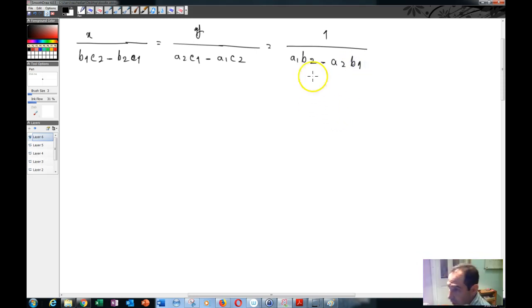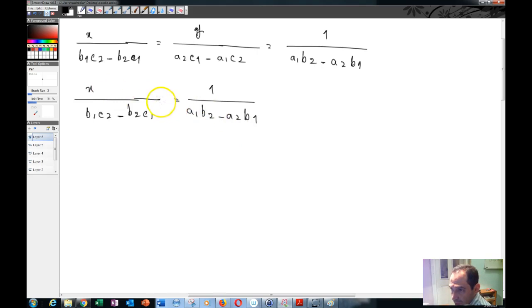So basically to calculate x, you would take this part over here and this part over here together. So x over, for example, b1c2 minus b2c1 is equal to 1 over a1b2 minus a2b1.